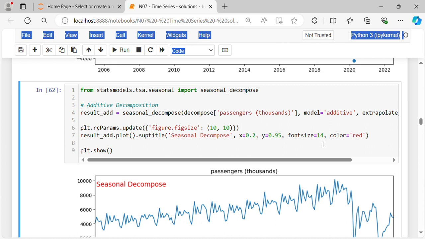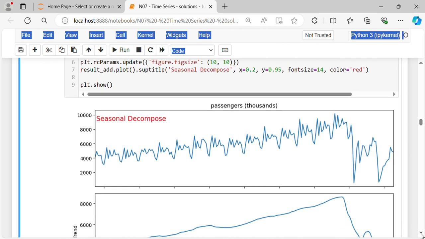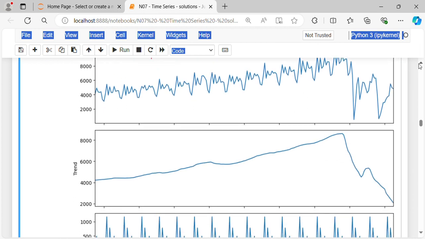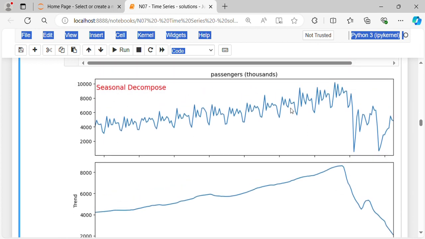So the size of the letters equal 14. Color equal red. plt.show open and close bracket shows so that shows the observed value for seasonal decompose.